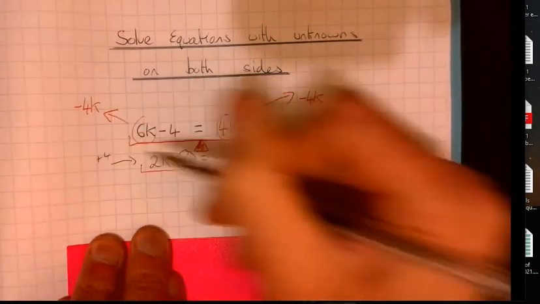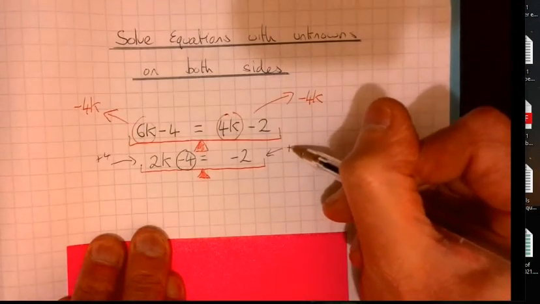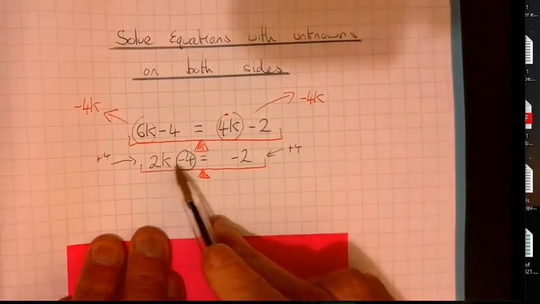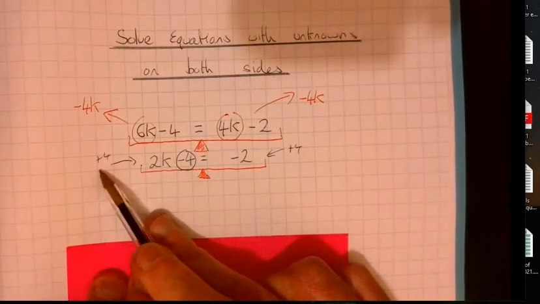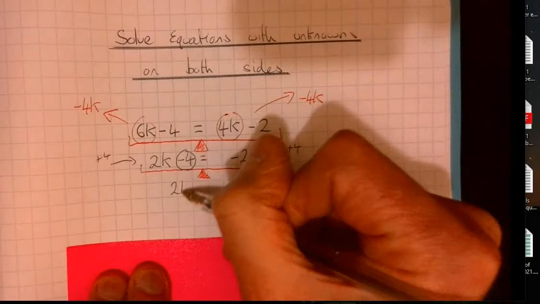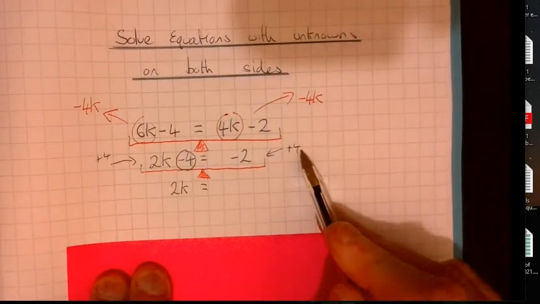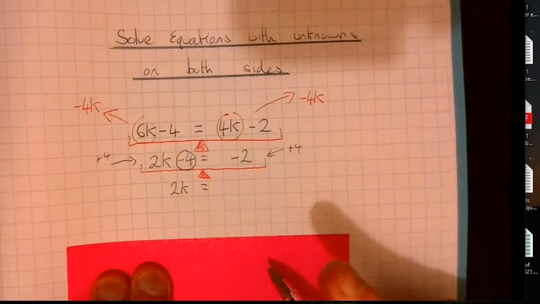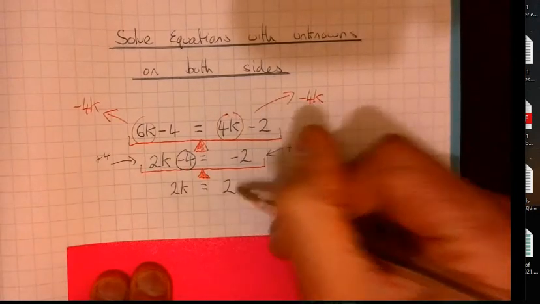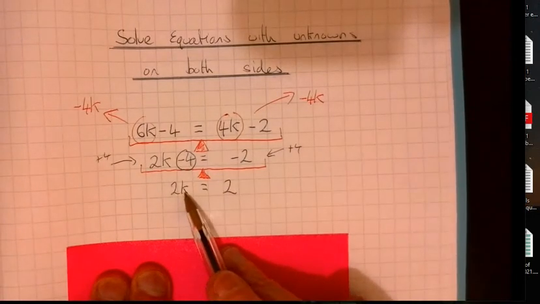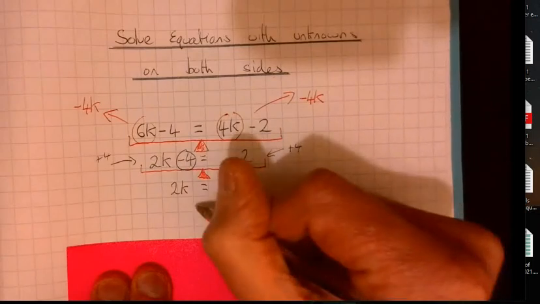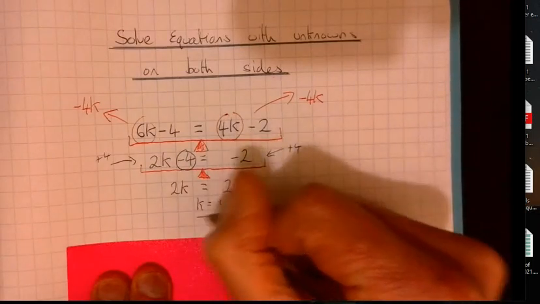What's going to happen here? Minus 4 add 4. That's just 2k. Minus 2 add 4, that's 2. 2 multiplied by something is 2. K must equal 1.